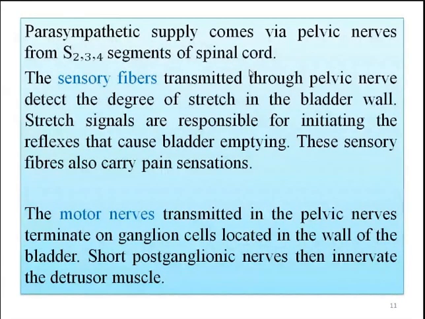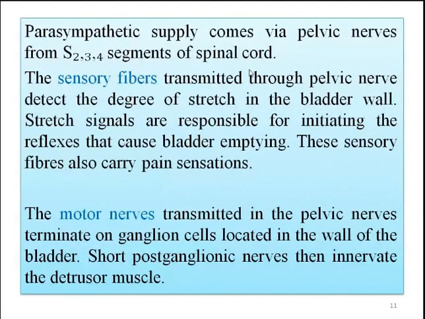Whenever the bladder fills with urine, its wall stretches, and this is transmitted through the sensory fibers. Stretch signals initiate the reflexes that cause bladder emptying. These sensory fibers also carry pain sensation.